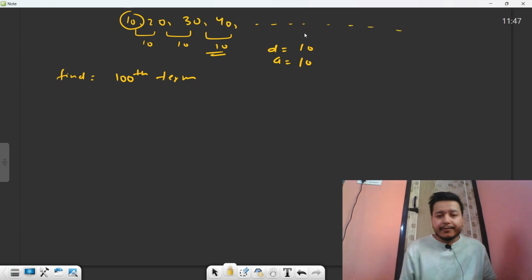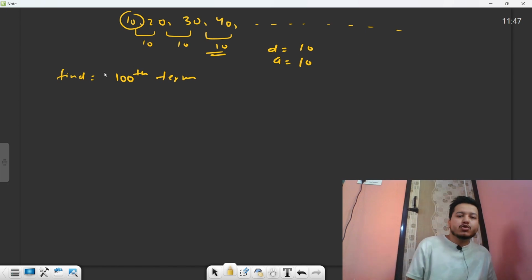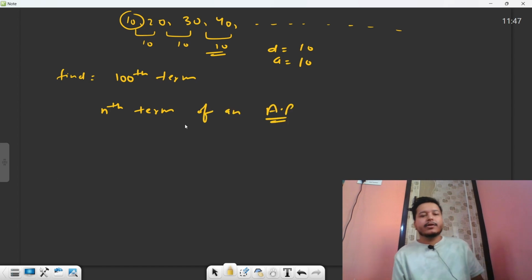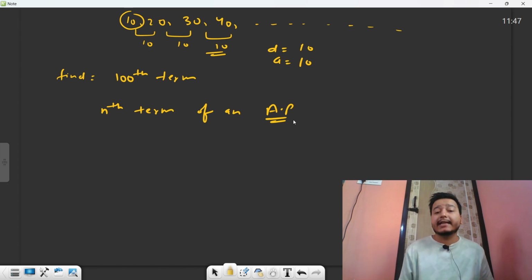So we are not going to write the AP all the way to the hundredth term, like 40, 50, 60, 70, 80. This is not the way. So we have a formula to find the nth term of an AP. The nth term means the term which we want to find.